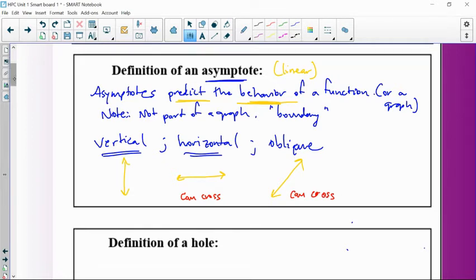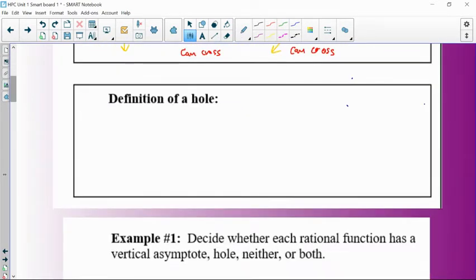Okay, now a hole is just a single point of discontinuity. It arises from having a zero in the denominator, because you can't divide by zero, but also in the numerator of this rational function. It's a result of zero divided by zero.